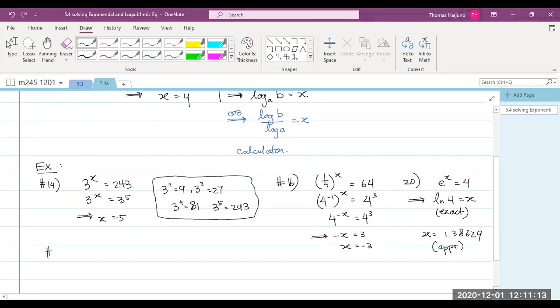Number 22. I do a lot of problems, so that you have something to study at home to do harder problems. Log x equals negative 2. What is the base? That's base 10, right? Now to solve for x, I change it into exponential form. That's 10 to the negative 2, which is 1 over 10 squared, which is 1 over 100, or in decimal, 0.01.